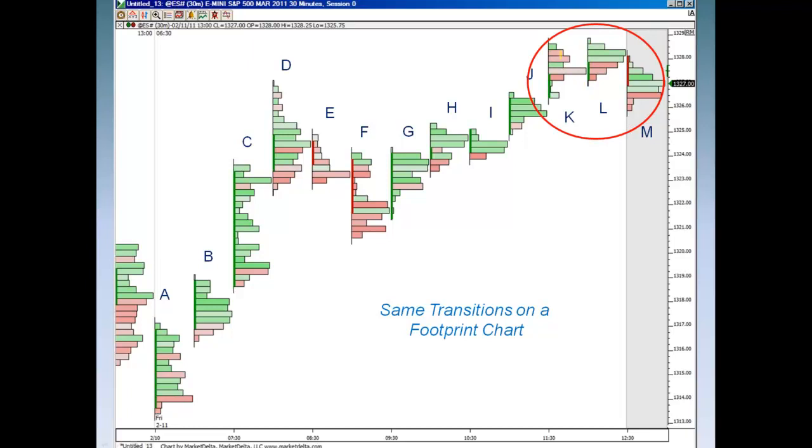If you notice, we began to see some red appearing at the top, indicating some selling is beginning to occur. Then it was followed by some green in the same area. So even though we did get some selling, the buyers were still buying at this point. If you begin to see what's happening, we're developing a little bit of a value area or a sideways range, if you will.